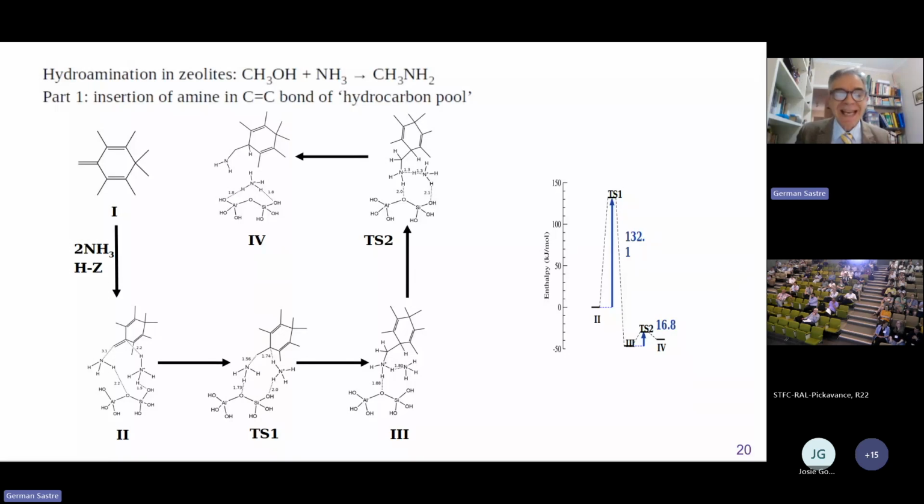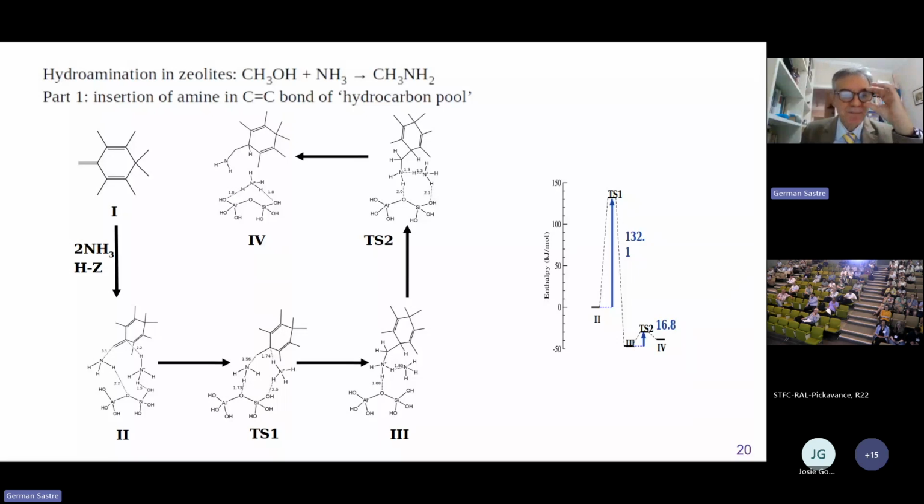And this allows the ammonia molecule to add to the terminal carbon-carbon double bond and produce this positively charged intermediate, which now with a much lower activation barrier is able to interact with the nearby ammonia molecule and then make another ammonium cation, while the remaining molecule is not positive, because now it's ended by NH2.